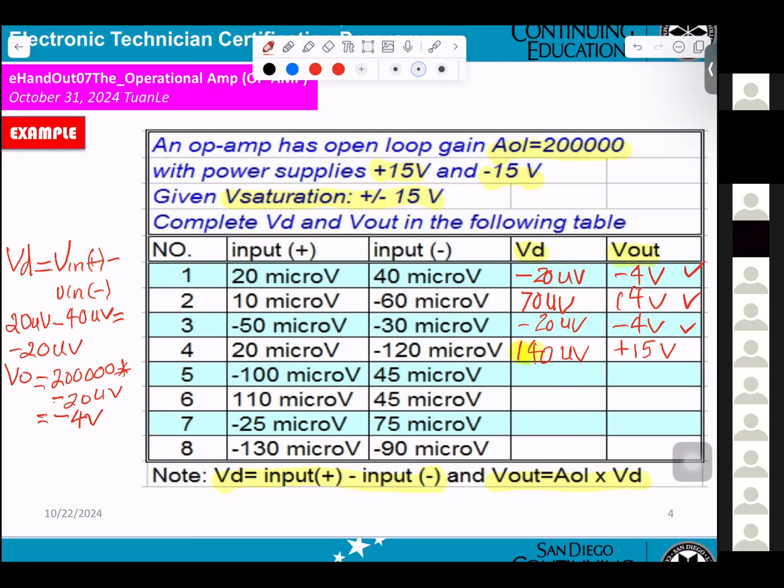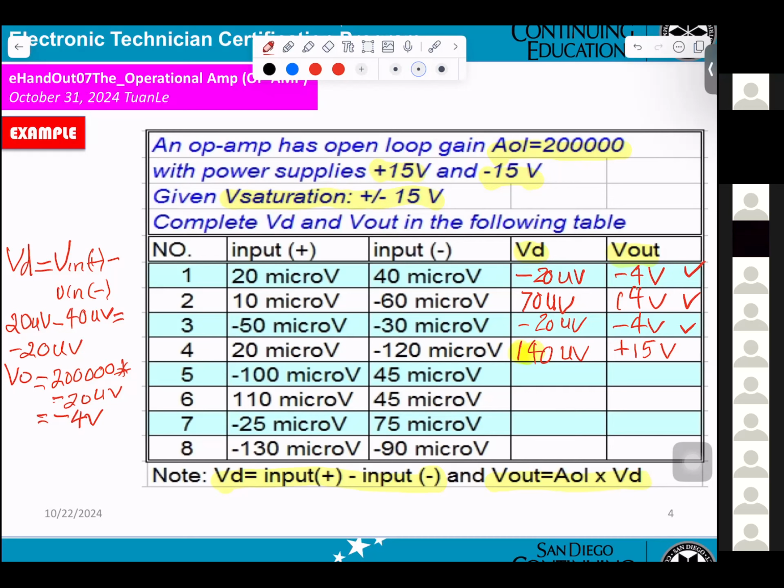But 28 is much larger than 15, so you settle for 15, which is the max to keep it from saturating. Exactly. That means the op-amp is saturated. You cannot multiply by the gain.